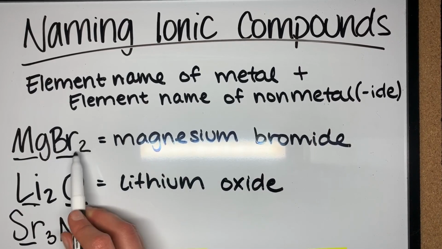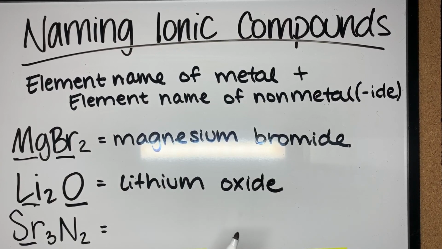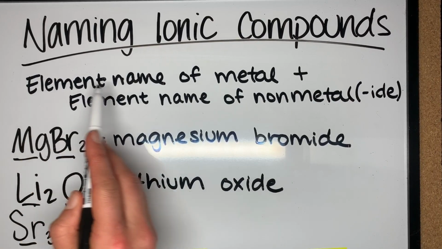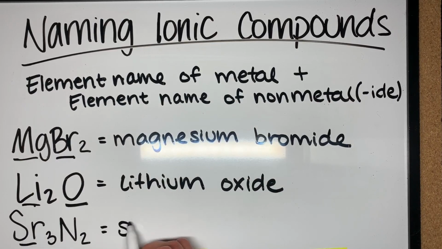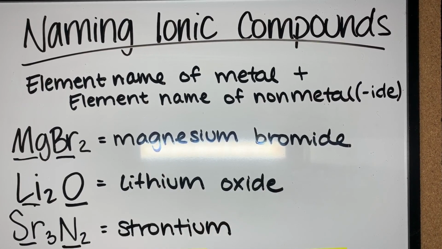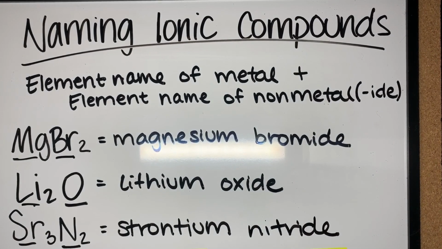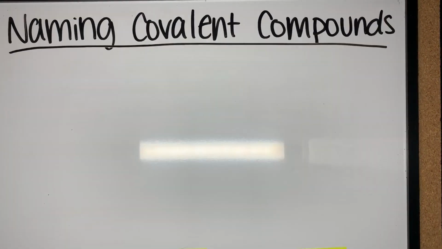Again, notice how these subscripts don't make any difference in how we name these compounds. For the last one, Sr, we write the element name, which is strontium. And then we write the element name of the nonmetal, which in this case is nitrogen, but with an IDE ending, making it nitride. And that is how you name basic ionic compounds.